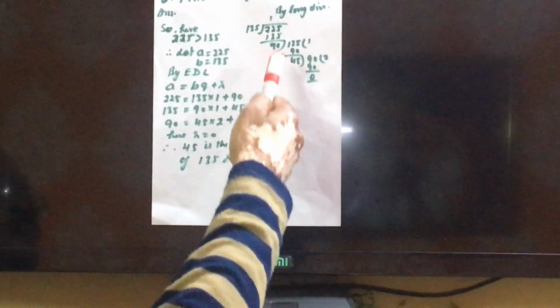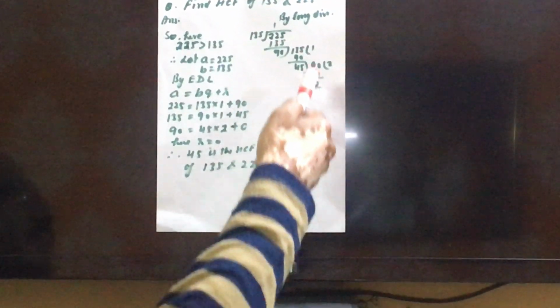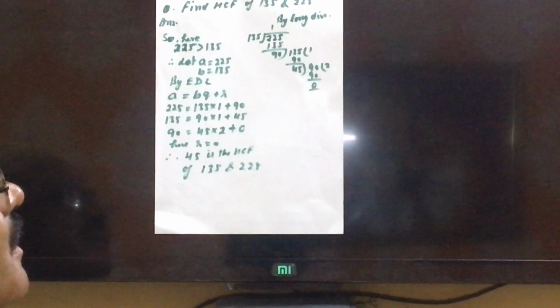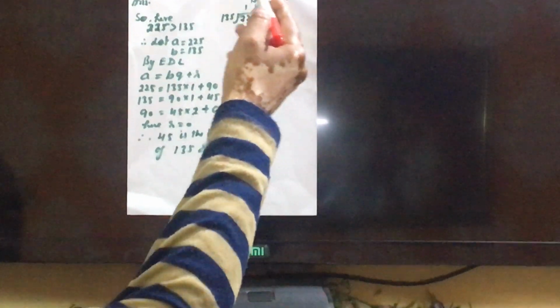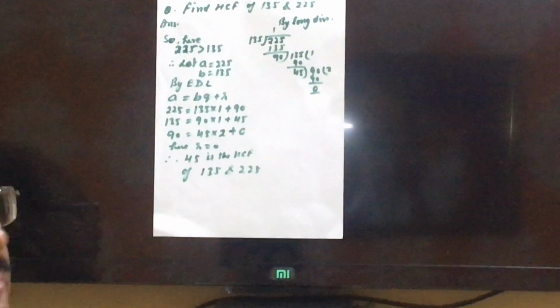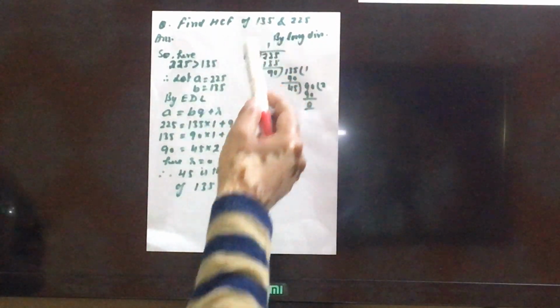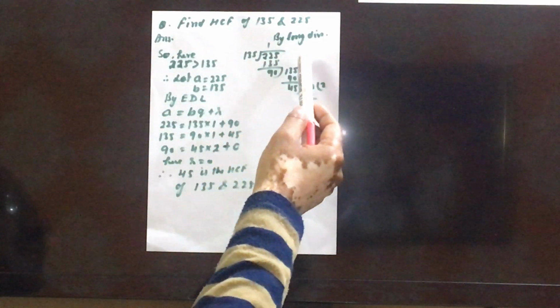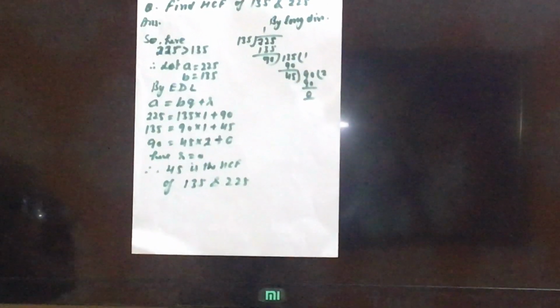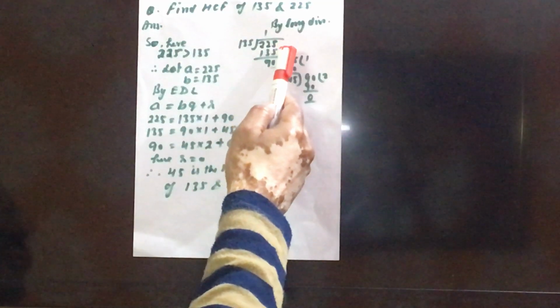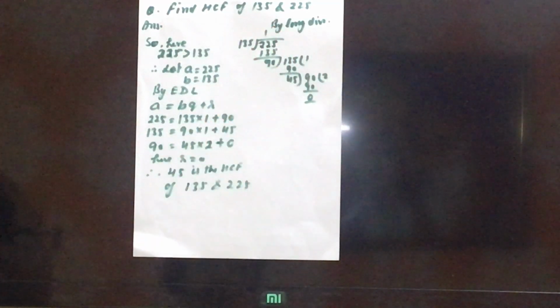In previous classes, we were finding the HCF by using the long division method. In this case, 225 is bigger than 135. So we will take 225 as a and 135 as b. If we use the long division method and divide 225 by 135, it will go one time and we will get the remainder 90.